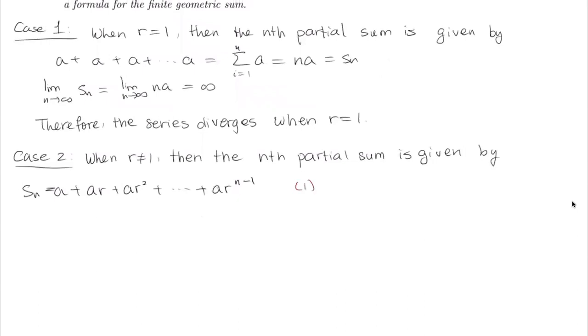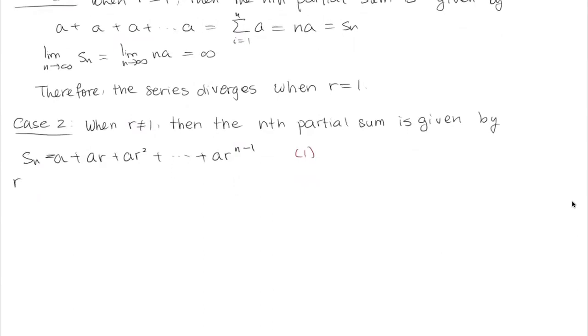Equation 2, let us say we multiply both sides by r. So we have r Sn, and I'm going to align the terms. So if we multiply the first equation by r, what we get is going to be ar plus ar squared plus so on, ar^(n-1), and plus ar^n.